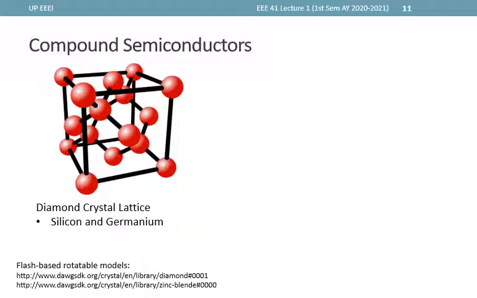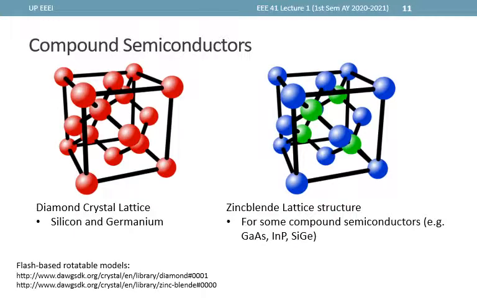Aside from silicon, germanium, which is also a common semiconductor material, follows the diamond crystal lattice structure. However, for compound semiconductors, a majority of these materials follow what we call the zinc blende lattice structure, which position-wise is very similar to our diamond crystal lattice. But since there are 2 different atoms in the crystal, the placement of the atoms is shown in the figure.